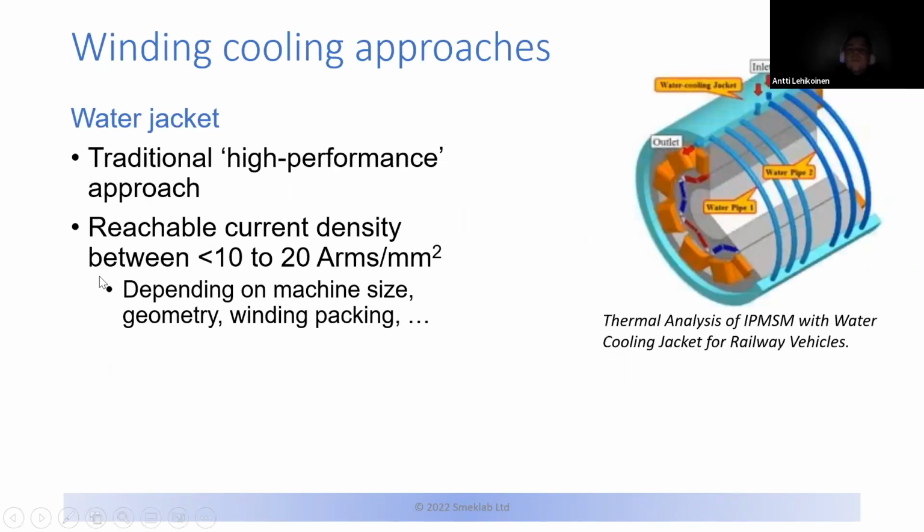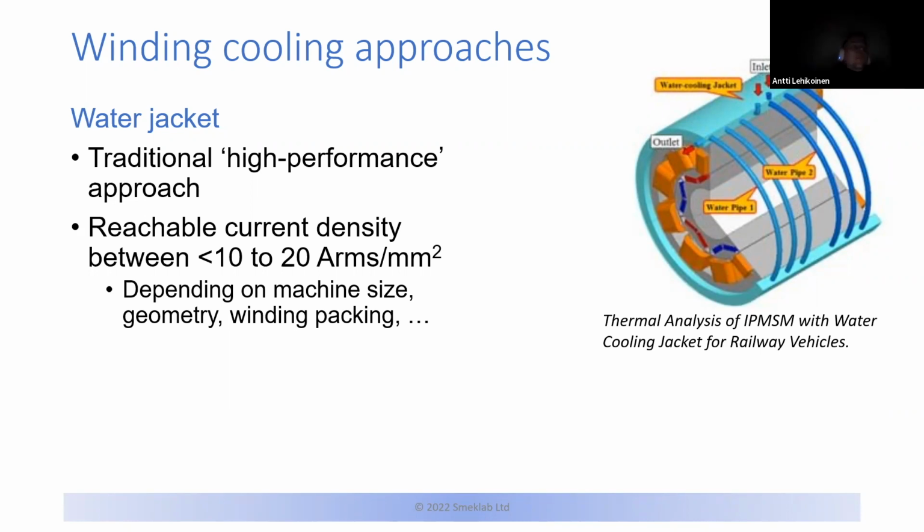So what approaches are used nowadays? Maybe the most common approach after simply air cooling is the water jacket, where you basically have some fluid, usually water, could also be oil or something, circling in the housing of the machine. So it's not in direct contact with any of the active parts, but it's surrounding the machine.